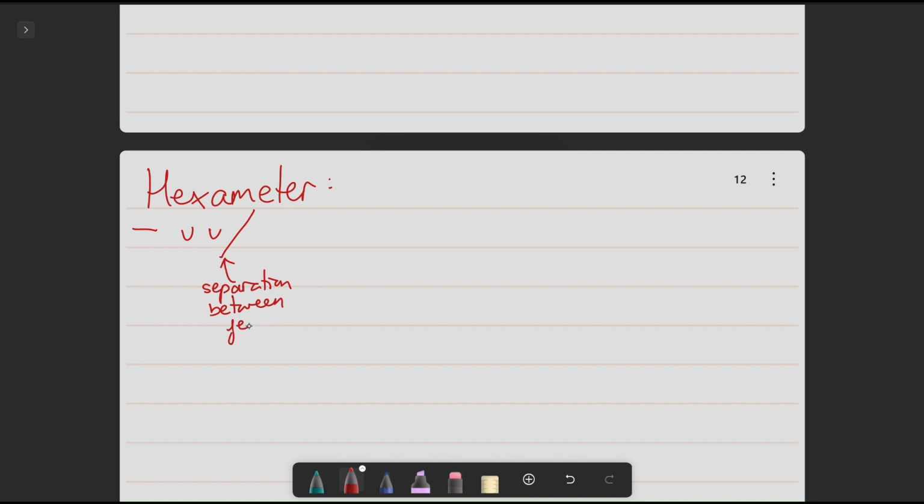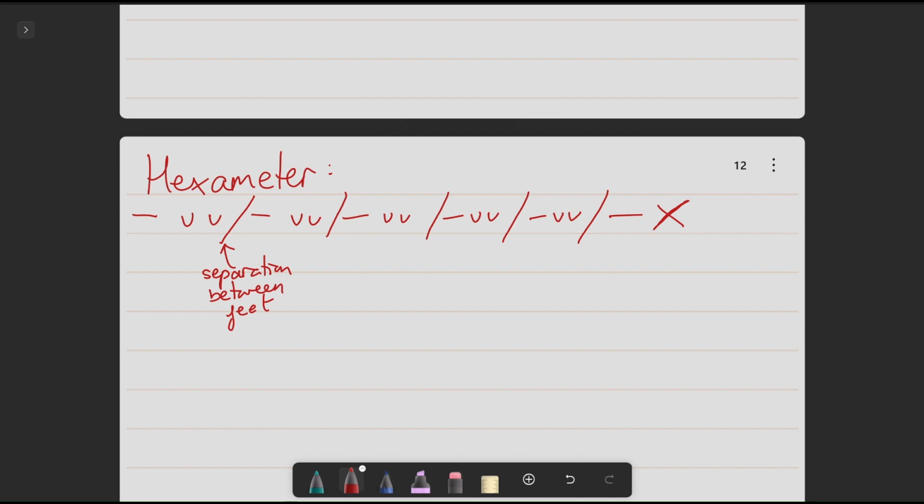Then long, short, short, long, short, short, long, short, short, long, short, short. And then the last one we have long and then an X, because sometimes we don't know whether the last one is long or short. Sometimes we do know because we can tell, like if it's a diphthong, but sometimes we don't know, so we just put an X on the end. So that's what it would look like.